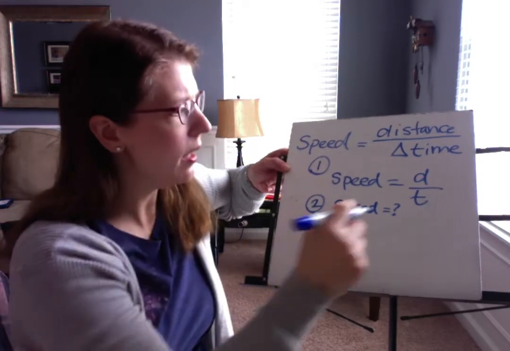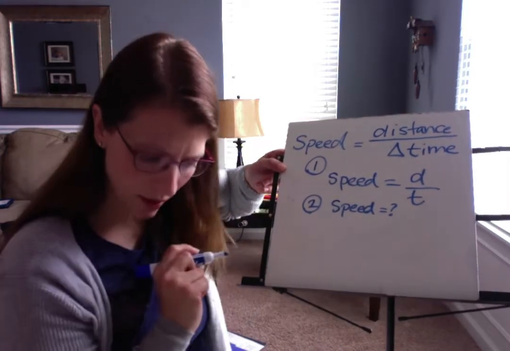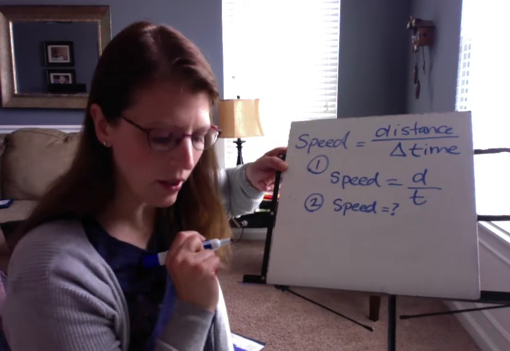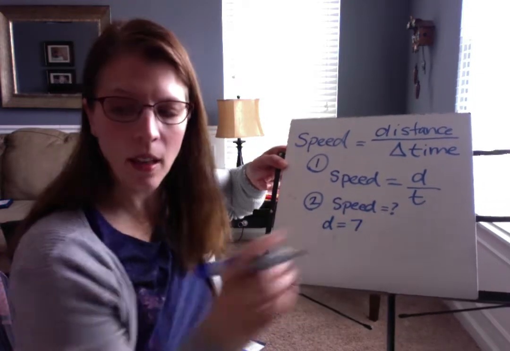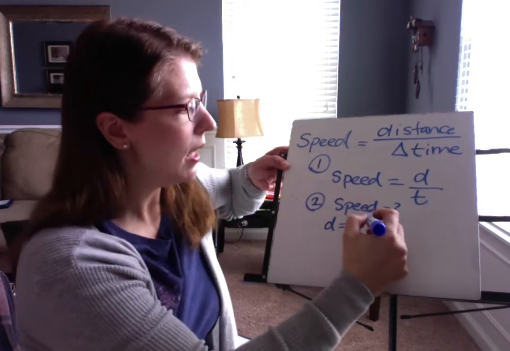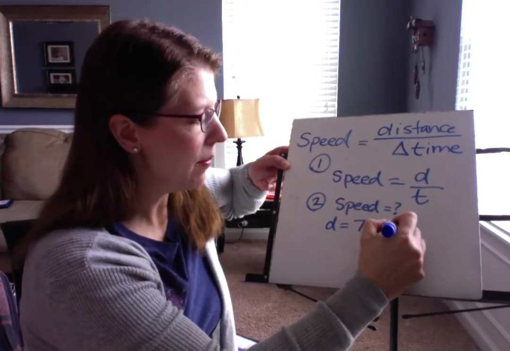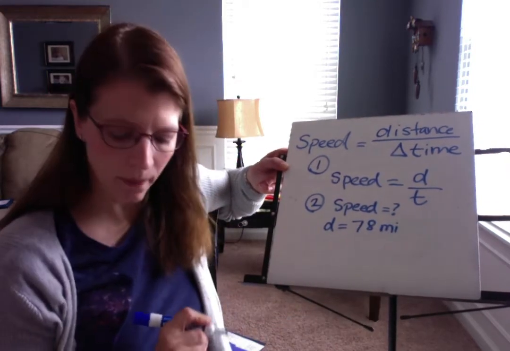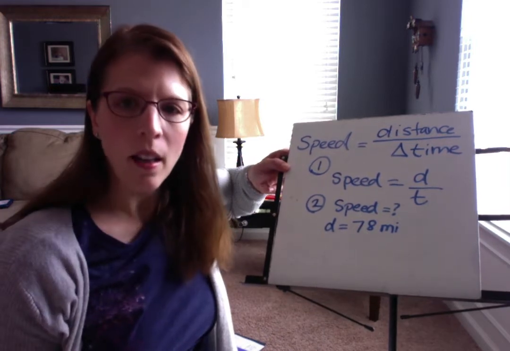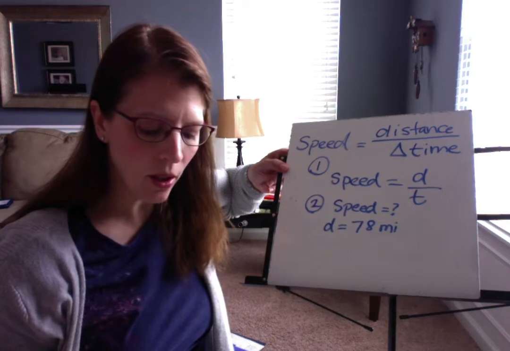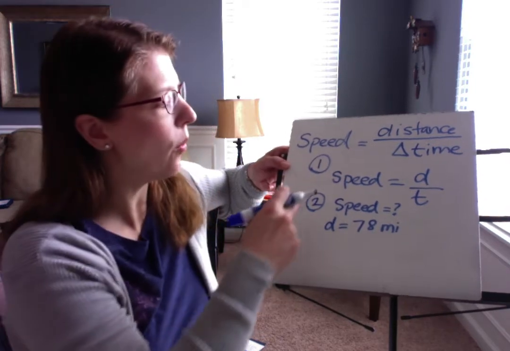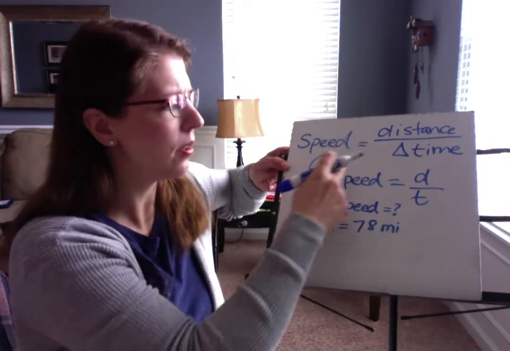Did my problem tell me distance? Yes, it did. A car travels 78 miles down the expressway. So I'm going to write D equals 78 miles. What else did my problem tell me? It takes the car 1.2 hours to travel that far. What is that? Is that a speed?